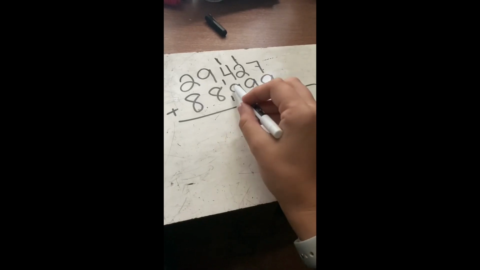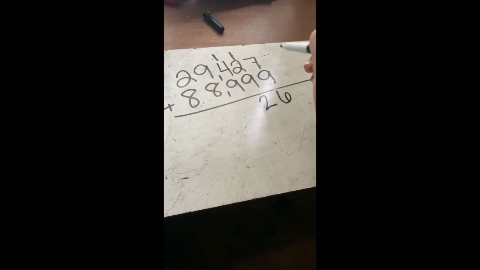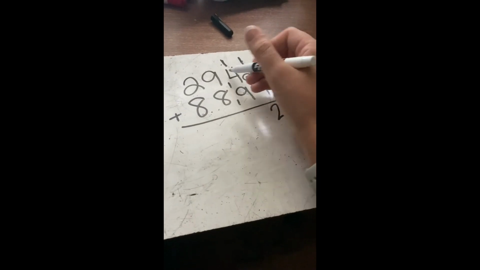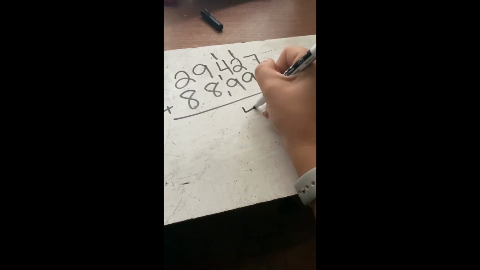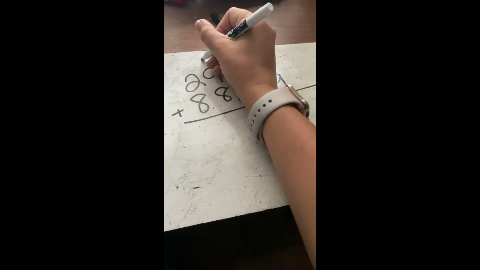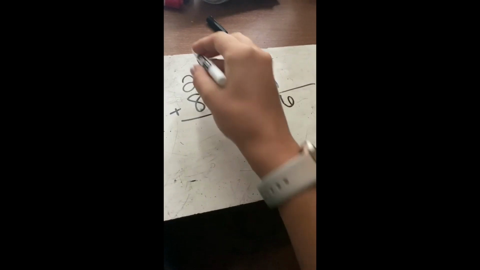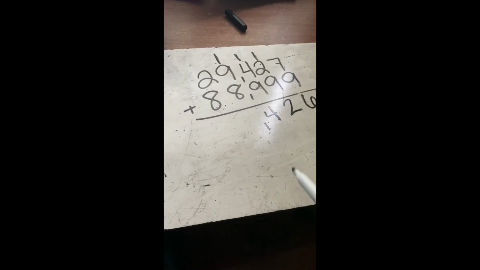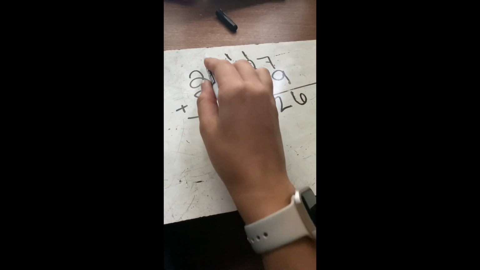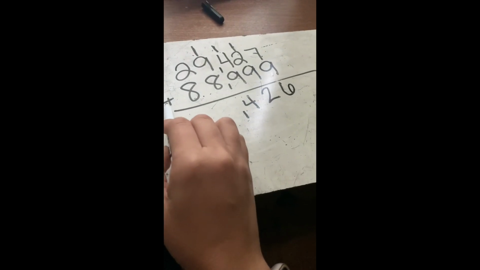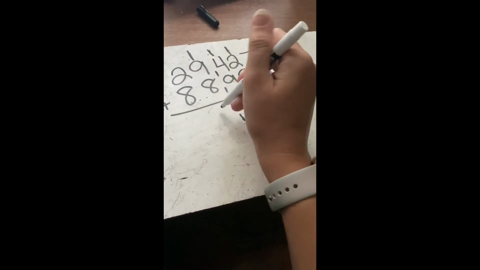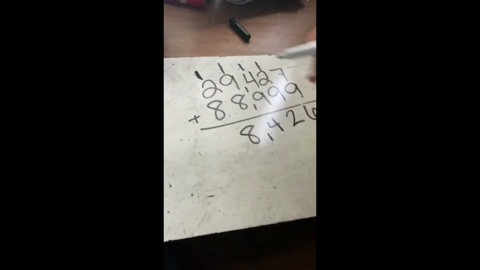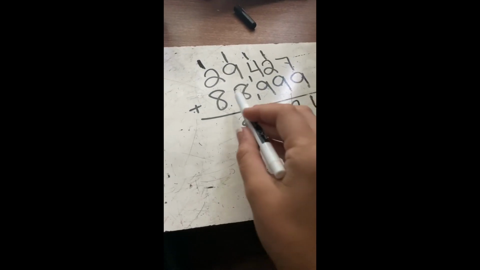Hopefully you then looked at this and said 9 plus 1 is 10 plus 4 is 14, and you carried the 1 into the 1000s place. Hopefully you then said 1 plus 9 is 10, plus 8 is 18, and you carried the 1 into the 10,000s place.